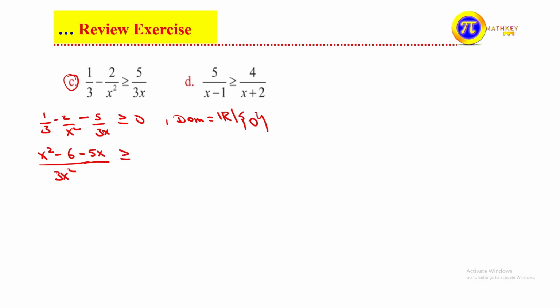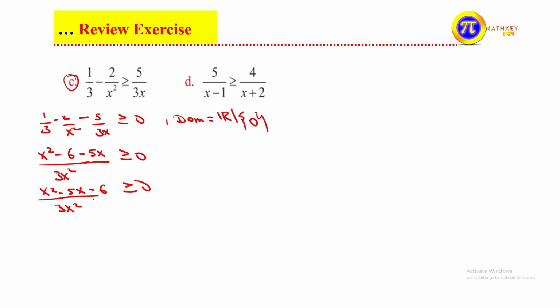So x² - 5x - 6 over 3x² is greater than or equal to 0. If it is possible, let's try to factorize the numerator.